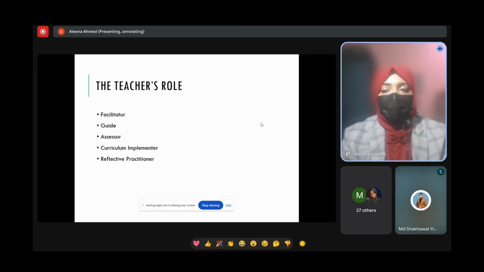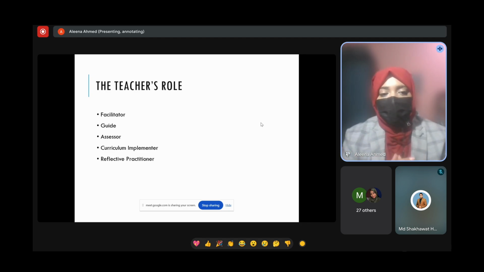Assessor, definitely he should assess their learners in an authentic way, like not putting some labels or some really tough assessments, but just through their body language and what they are doing in the classroom, right?